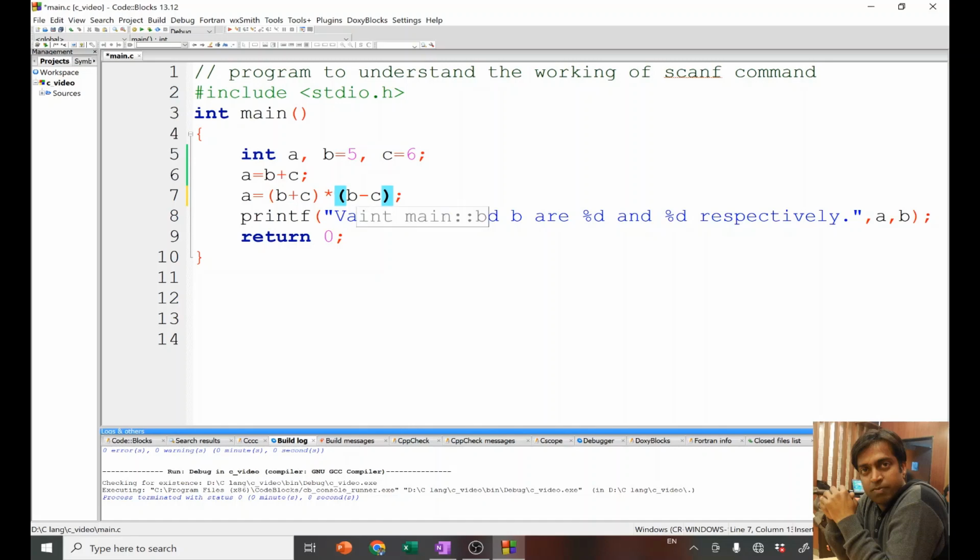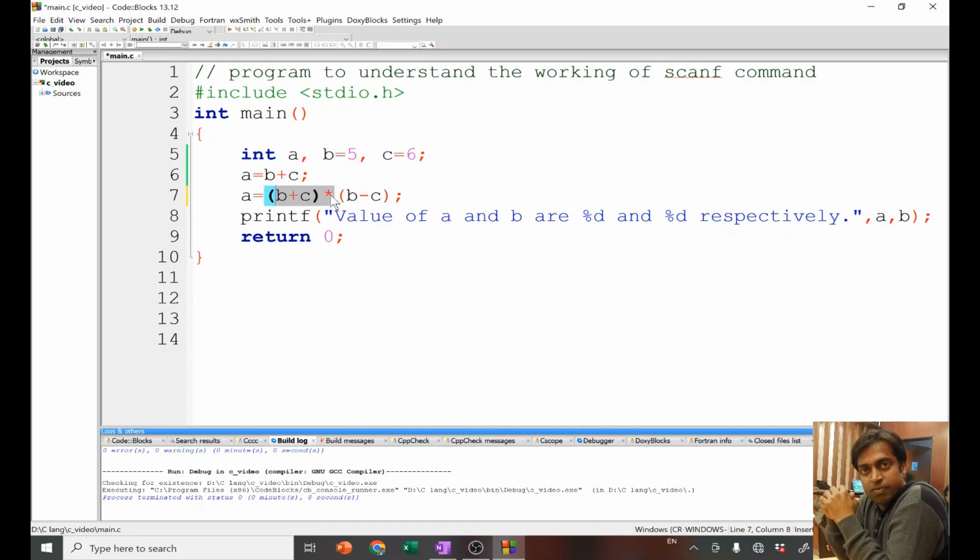The compiler will not understand that we mean to multiply these two expressions. We need to put the multiplication operator in between. The compiler will not understand anything on its own. We need to express each and everything clearly.